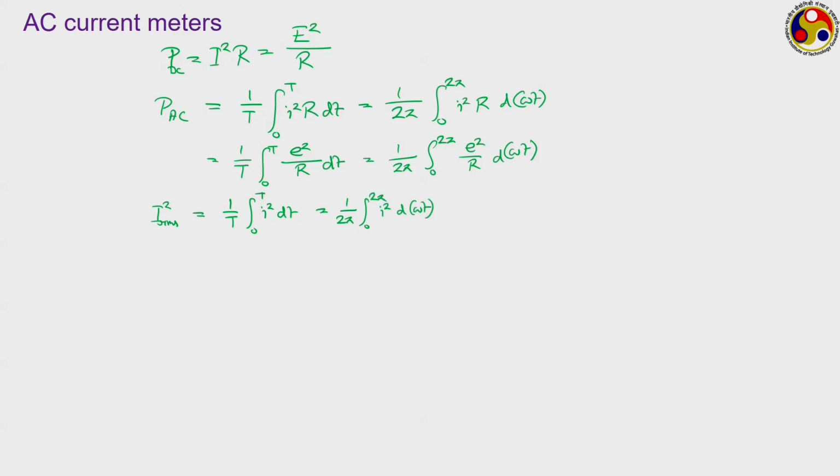If we assume a common form, quite commonly you will find that small i is given as some reference value I naught into cos of 2 pi small t by capital T, where capital T is the time period, that is I naught cos of omega t.